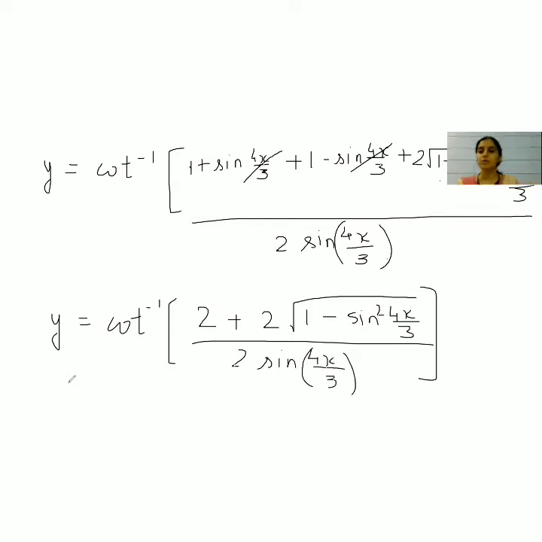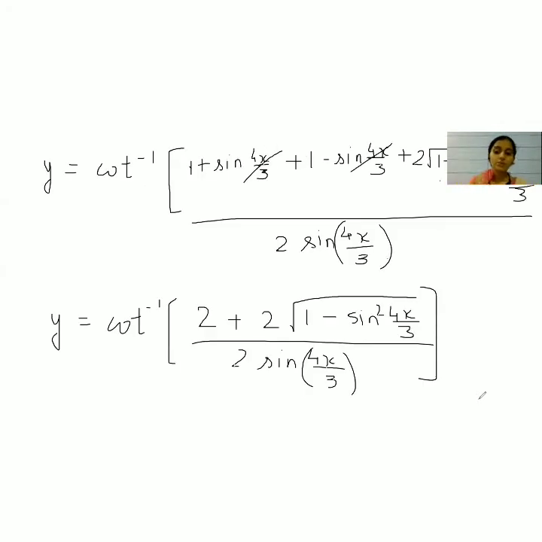Right. So we've used the A plus B, A minus B multiplication. Now we'll take 2 common. So we'll get y is equal to cot inverse of 2 common bracket 1 plus. Now 1 minus sine square is cos square.